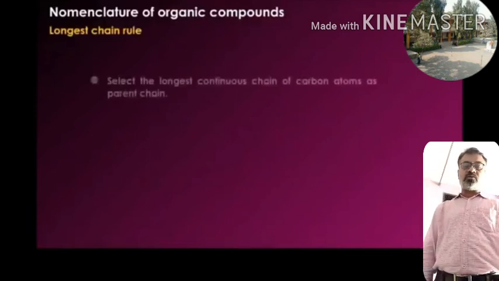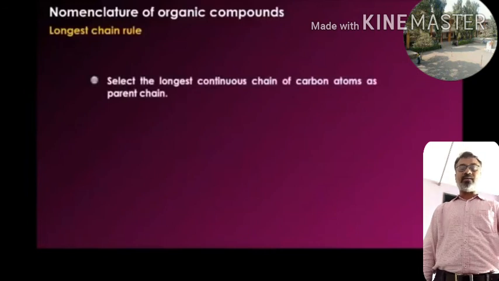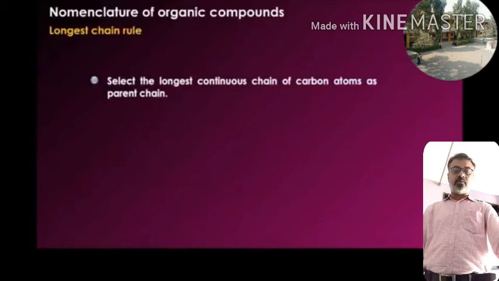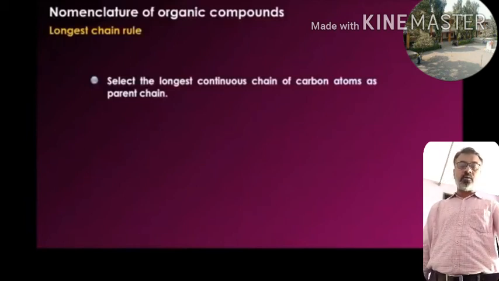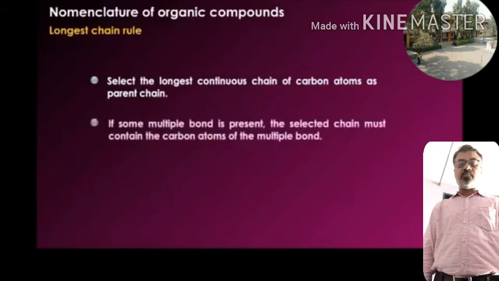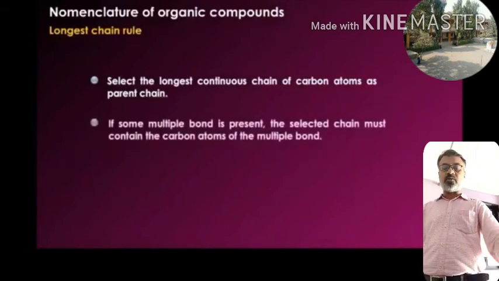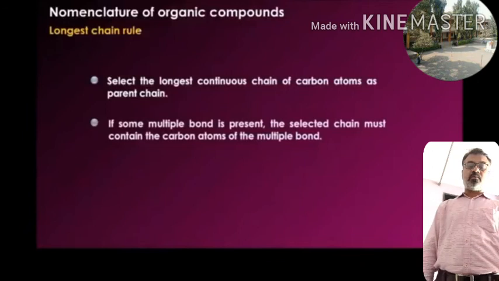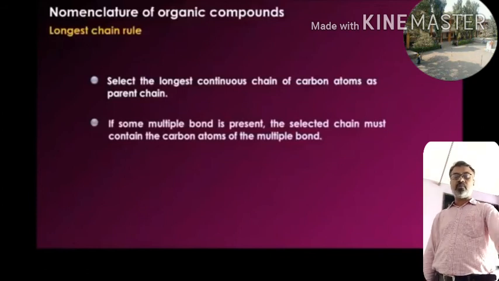Select the longest continuous chain of carbon atoms as the parent chain. First we have to select the longest chain as the parent chain. Then, if there are multiple bonds present in the carbon compound, the selected chain must contain the carbon atoms of the multiple bonds.